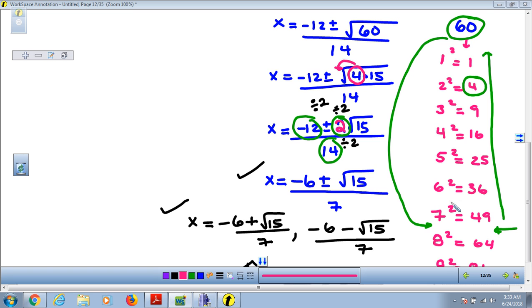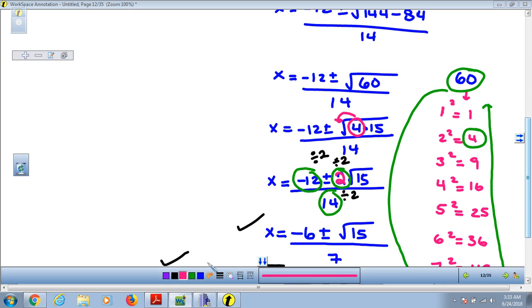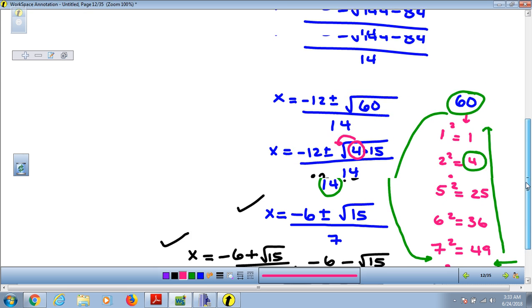This is not even college algebra, this is from basic algebra. This is what you do when you are taking the square root of a number that doesn't have a perfect square root. You break it down using this method, which is factoring a non-perfect square root number.